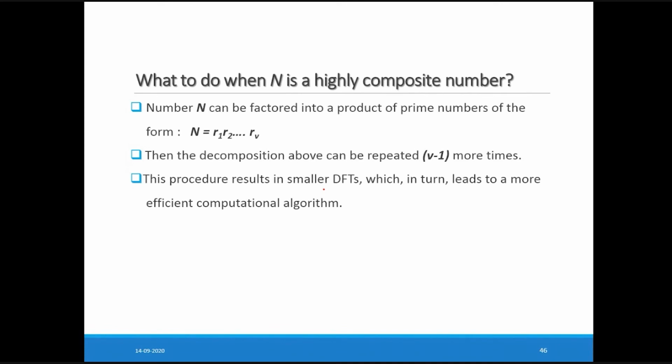For that decomposition, the decomposition above can be repeated v minus 1 more times. This procedure results in smaller DFTs, which in turn leads to a more efficient computational algorithm compared to direct implementation.